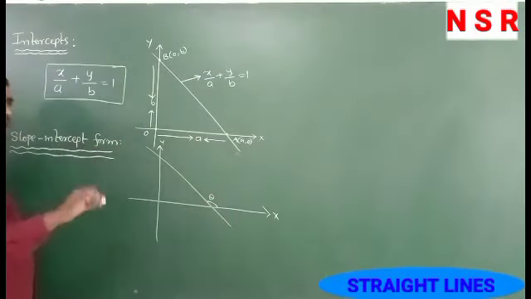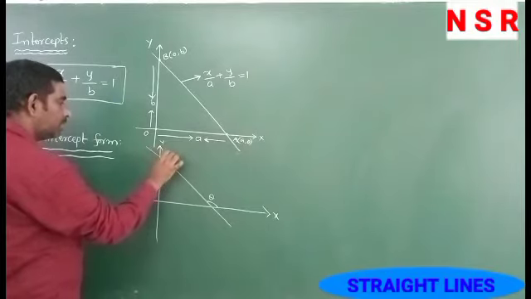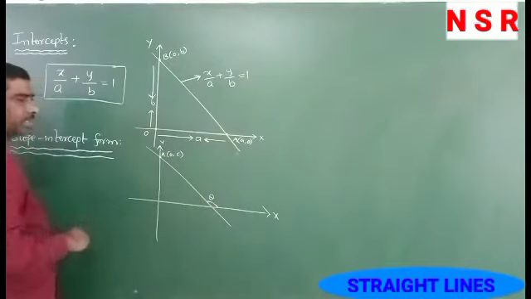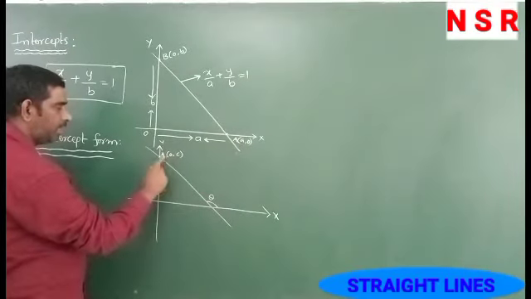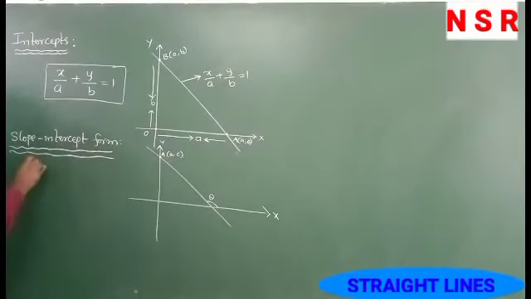If we have theta, we get the slope, and it touches the y axis at 0 comma c. We already completed small a and small b, take it as this one, c. So here a line makes angle theta with the x axis and has intercept on the y axis at 0 comma c. So m is the slope. If we have theta, then m equals tan theta. So m is the slope and small c is the y intercept.